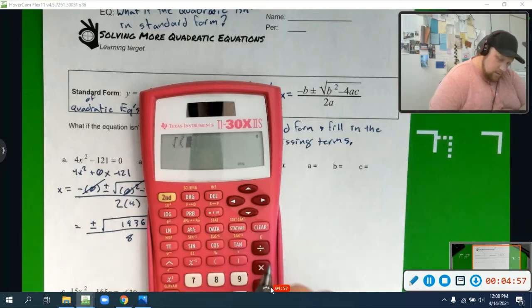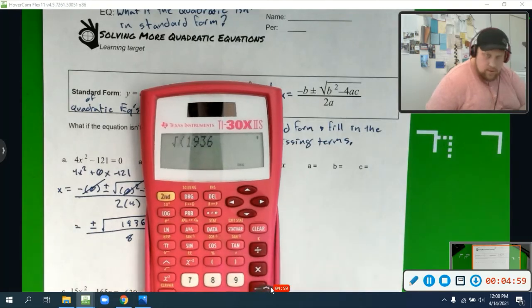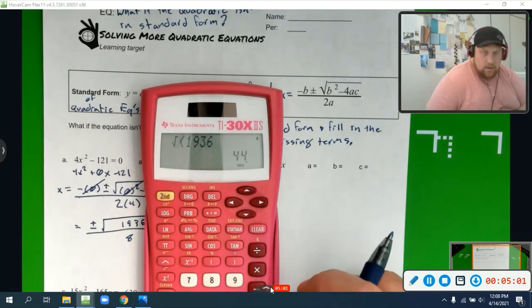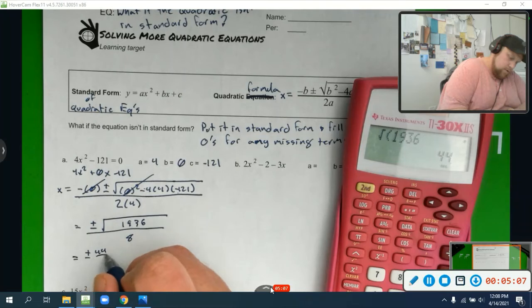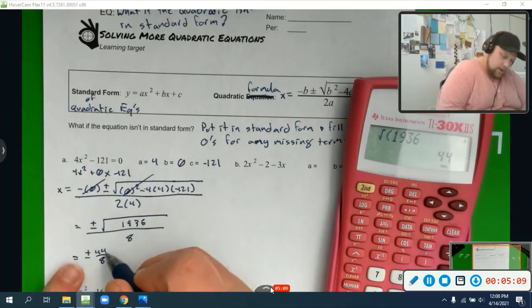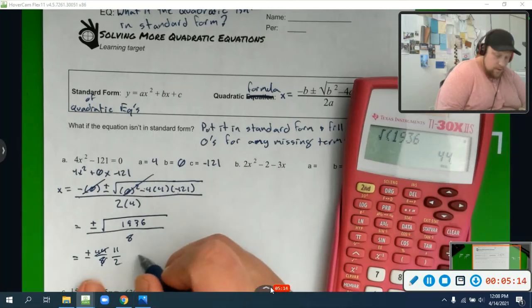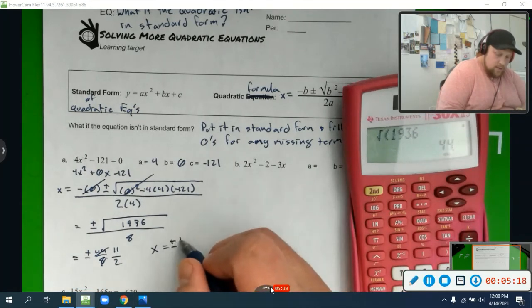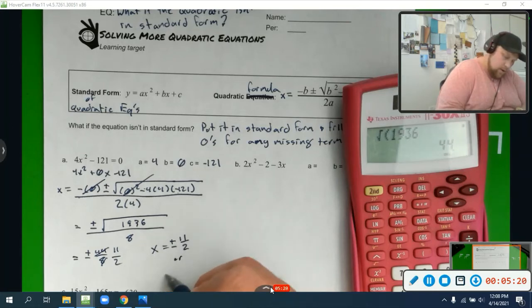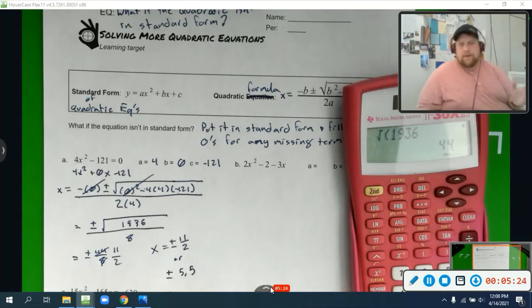And what's the square root of 1936? Well, let's find out. 44. So this is going to equal plus or minus 44 over 8, which I can divide both by 4, and I get 11 halves. So what does my answer end up being? X equals plus or minus 11 halves, or plus or minus 5.5. 11 divided by 2 is 5.5.